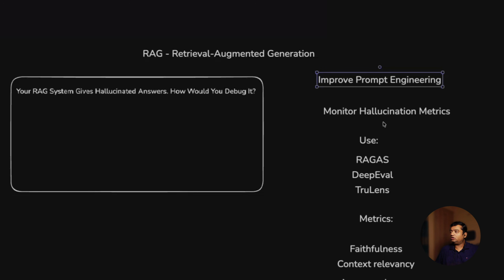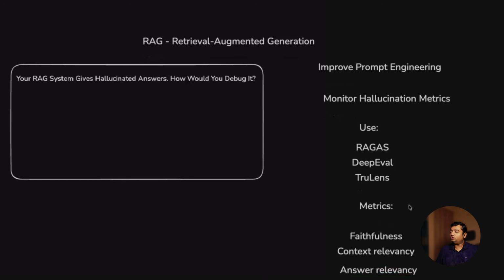Now, how will you monitor the hallucination metrics in a normal day? You can use frameworks like Ragas, DeepEval and TruLens. These are AI frameworks which help you monitor the performance of your AI pipeline, and also the RAG pipeline.